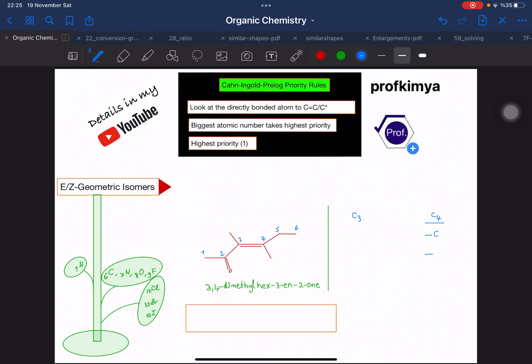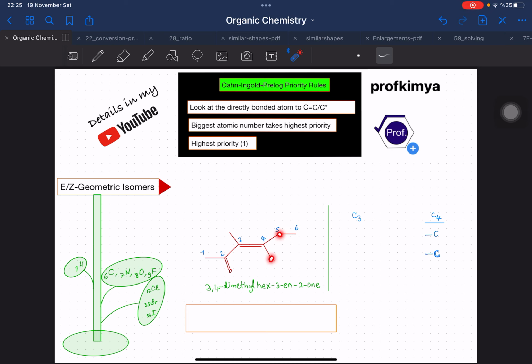So there is a tie here. There is a draw. I cannot tell the priority of these two groups. So I have to look at the next atom or atoms connected to these carbon atoms.